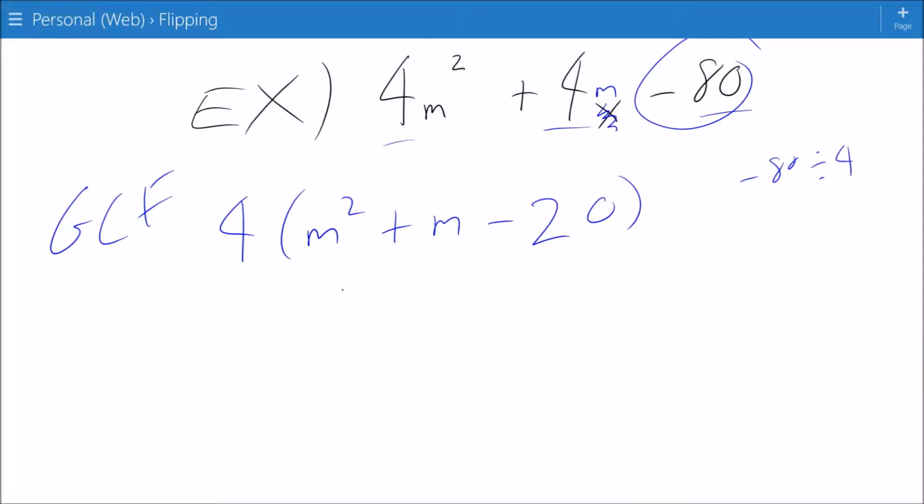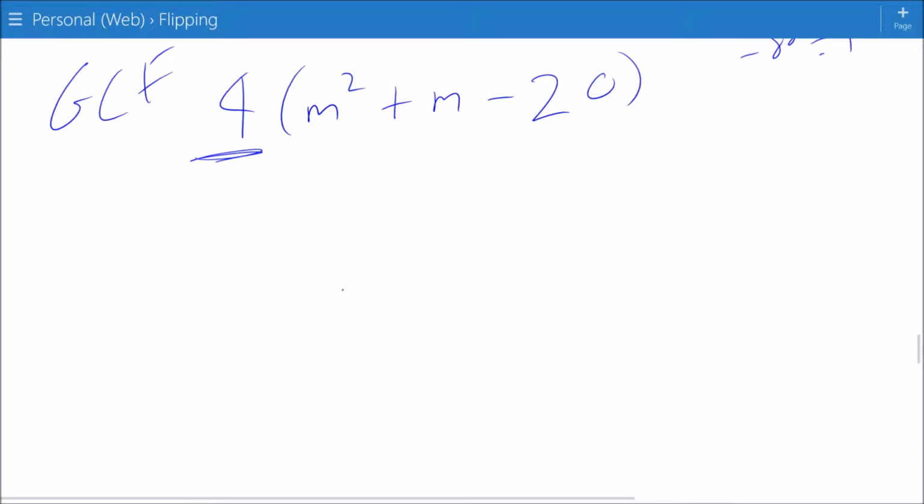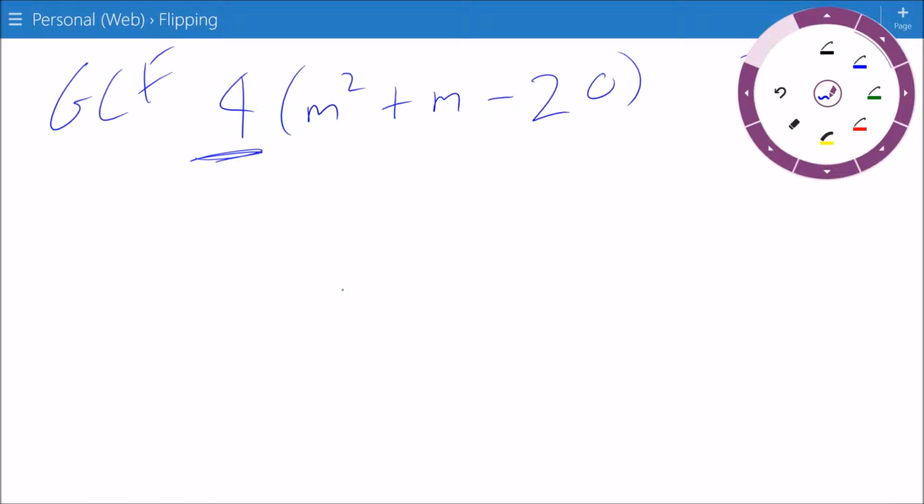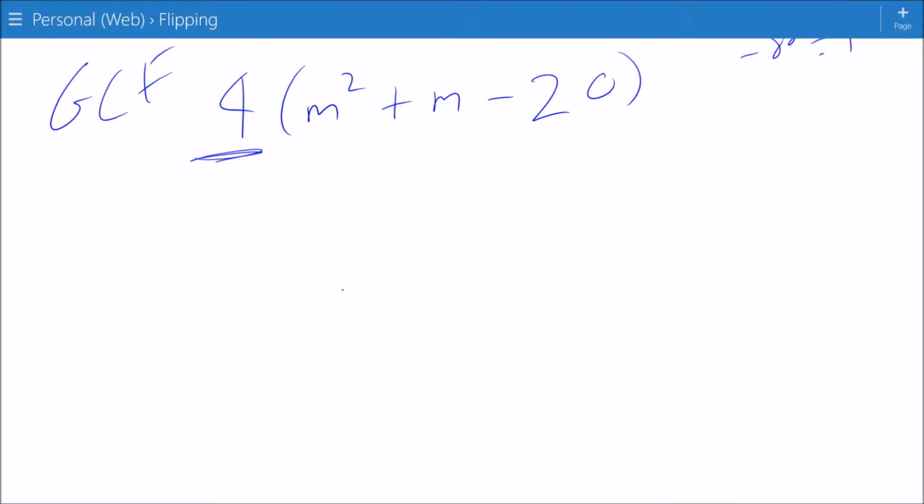Now, if I put this guy to the side for a moment, this goes back to the rule for my cross method, where I've got a 1 in front of the m squared. Let me change colors here, we're moving to a different part. I can make my new b positive 1, and my new c is negative 20.